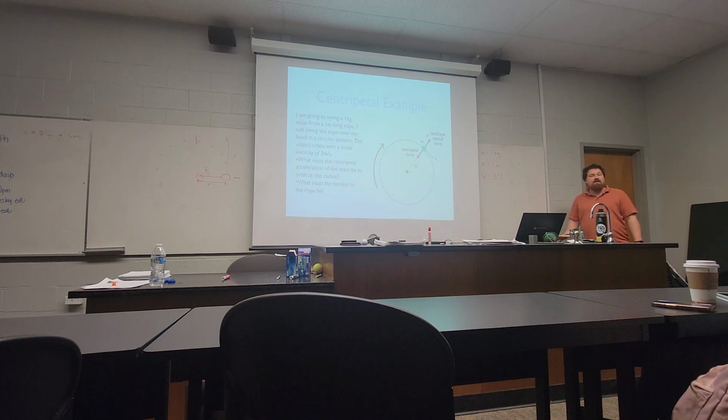And that centripetal acceleration comes from some amount of centripetal force. So how do we calculate that force requirement? Fc is equal to m times ac. Basically, a certain amount of force has to act on this mass to make it accelerate like this.